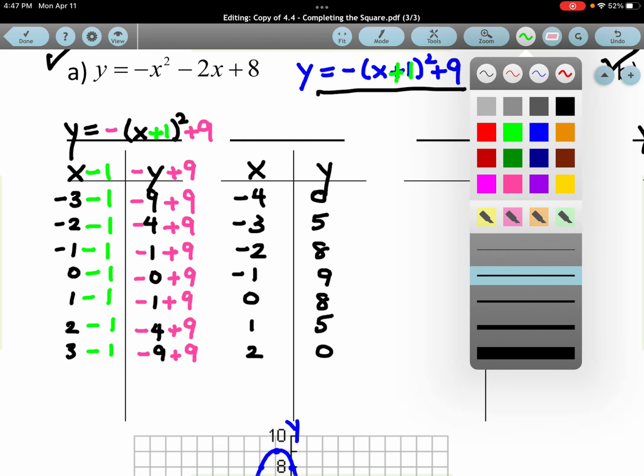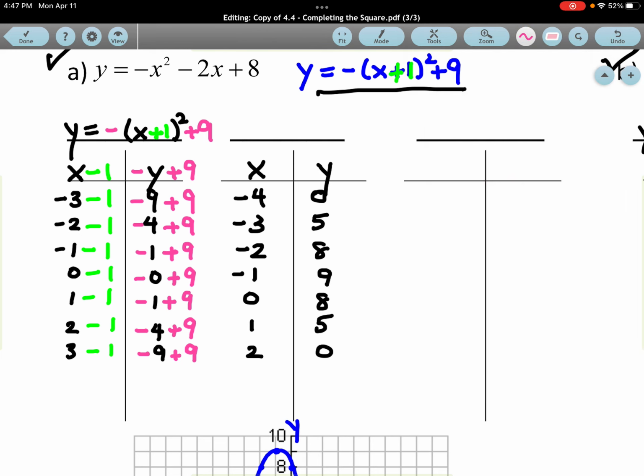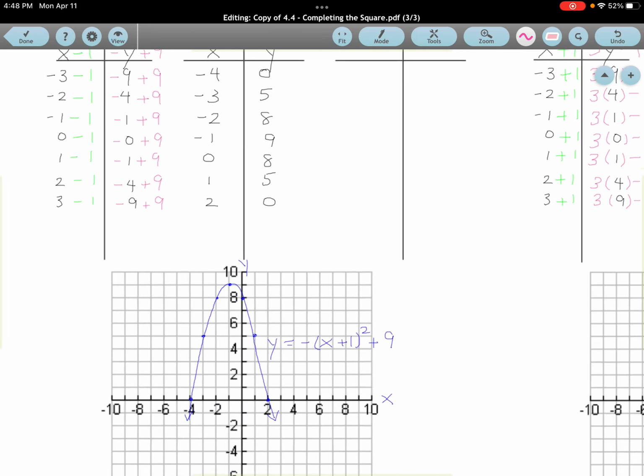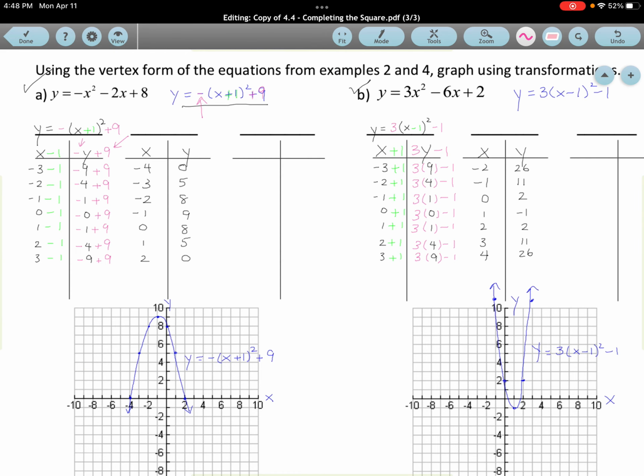Now whatever is outside of that house, so that negative and the +9, the +9 is in the backyard, and so that goes behind your y values. That negative is in the front of the house, and so that goes in front of the y's. Calculate all of your new x and y values, and then you're just going to graph it, and that should be your new parabola with the transformations.